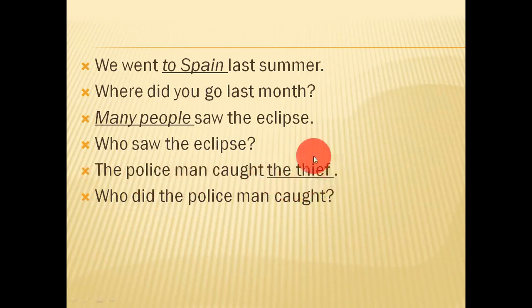When I ask about the person here, see what we do. Who did the policeman catch? Here I have applied the rule. But here I didn't apply the rule. Okay? You see the difference? Who saw the eclipse? Many people saw the eclipse. We didn't apply the rule we talked about. But here I have applied the rule.